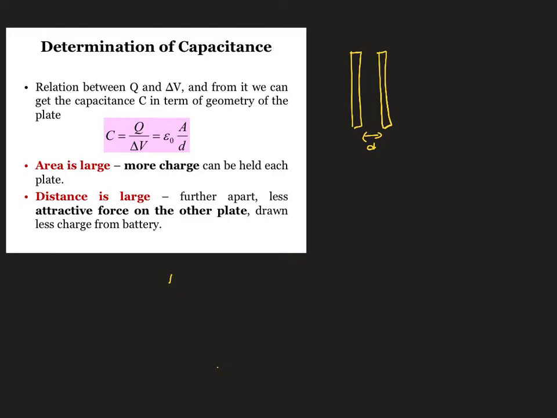The reason is that we want a uniform electric field E, which means no fringing. For example, if this is positive and this is negative, the electric field always moves from the positive plate to the negative plate.